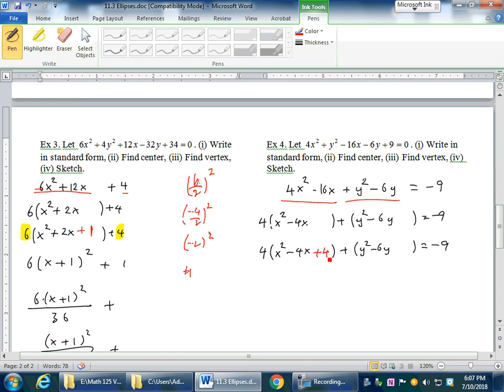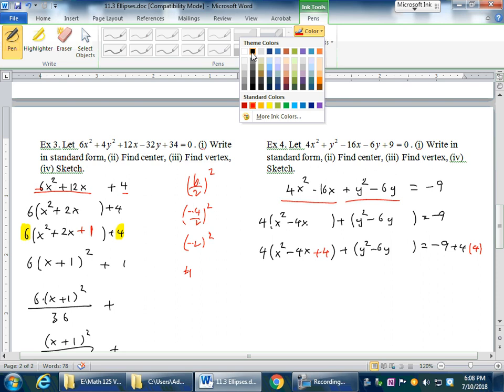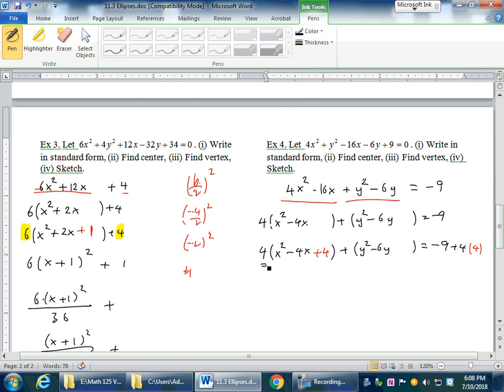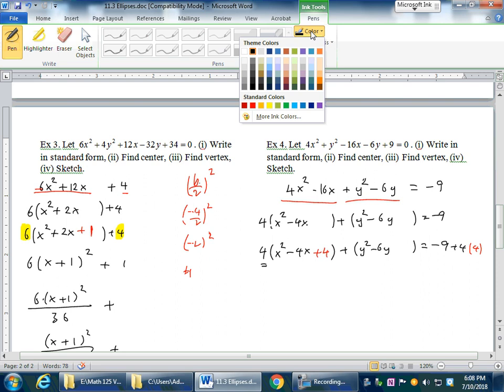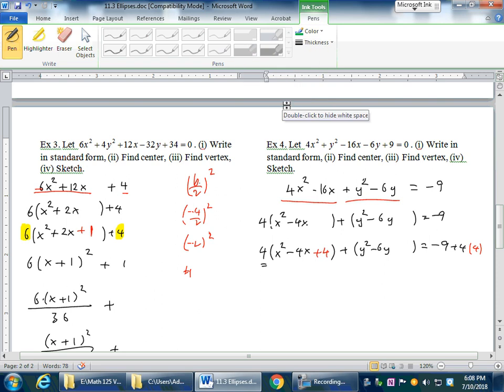However, on the right hand side of the equation, you need to remember what you're distributing. So it will be plus 4 times 4, because this 4 in the black color is coming from this factor right here. Then I'm going to complete the square for the y part, which is again b divided by 2 and squaring it.